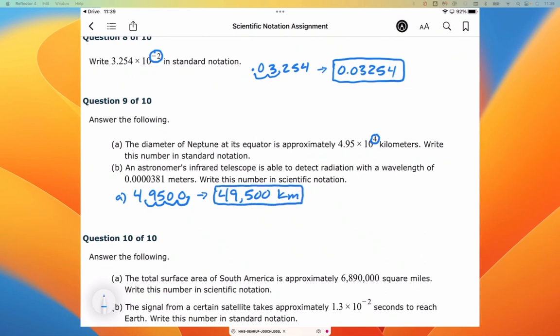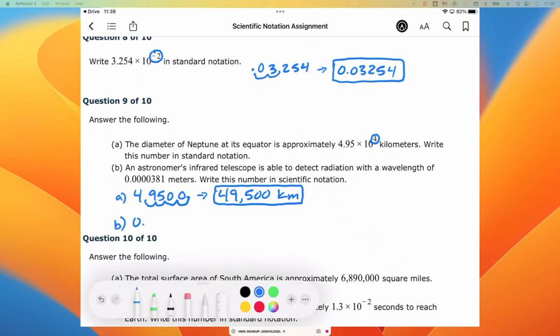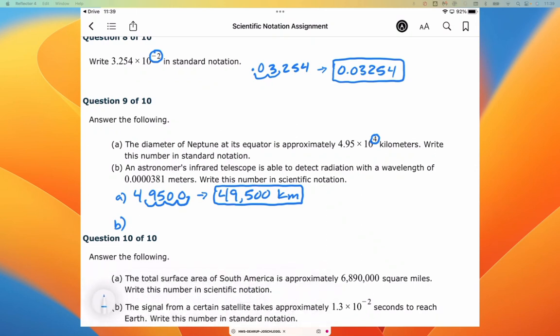On to part B. We have an astronomer's infrared telescope is able to detect radiation with a wavelength of that size in meters. Write this number in scientific notation. So we're starting with 0. I'm actually just going to count from up there.